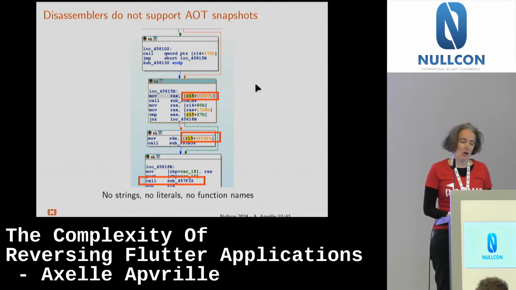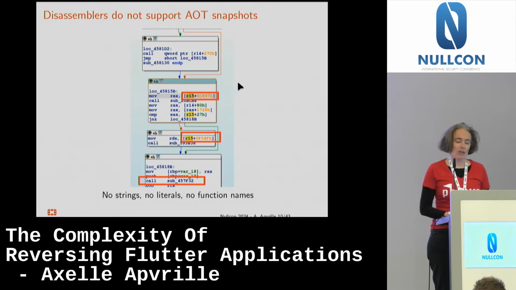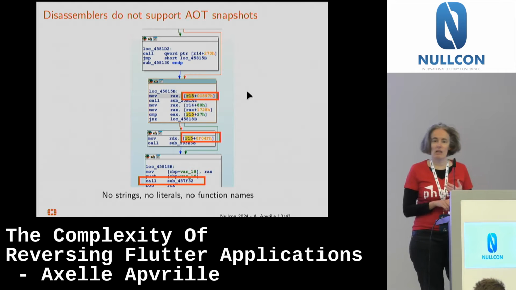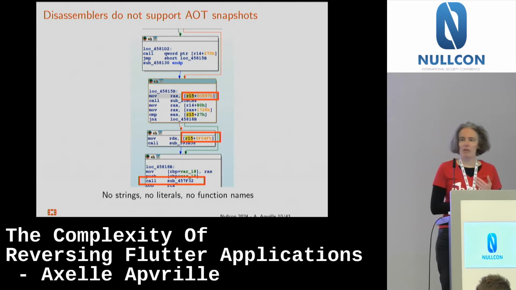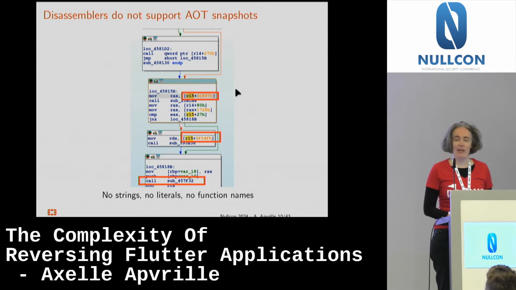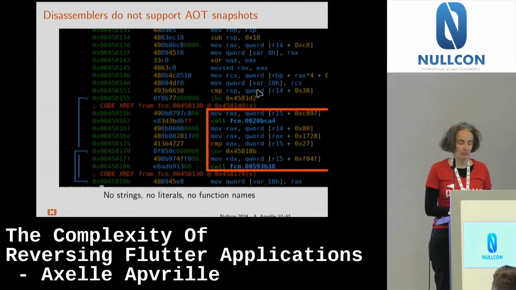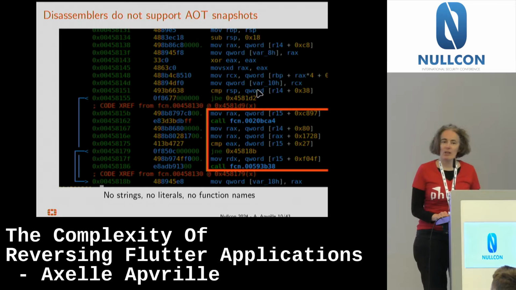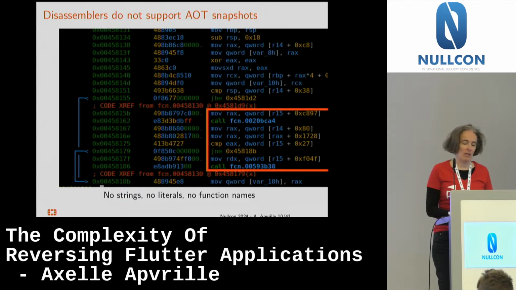With IDA Pro, and with Binary Ninja as well, you will never see in your entire assembly code any literals, any constants, any strings, anything like that, because we'll discuss that later. They don't know how to find them in the code. Same with Radare, same thing.